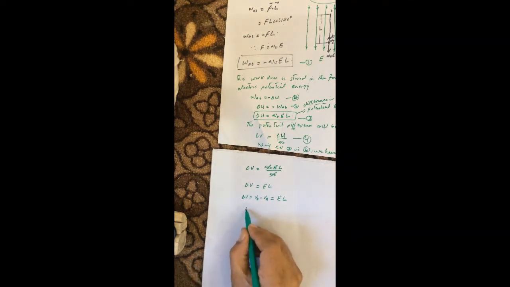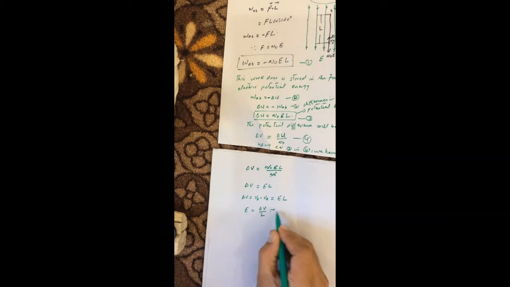Now this is the case when we have a constant electric field. From this equation, we can write E is equal to delta V over L. Delta V is represented in the unit of volt and length is represented in the unit of meter.